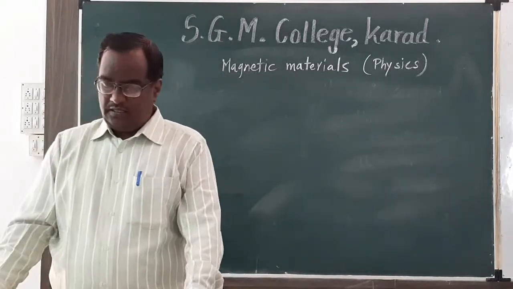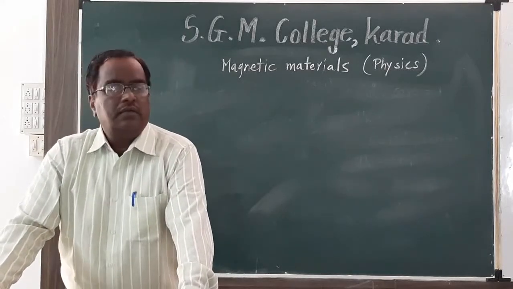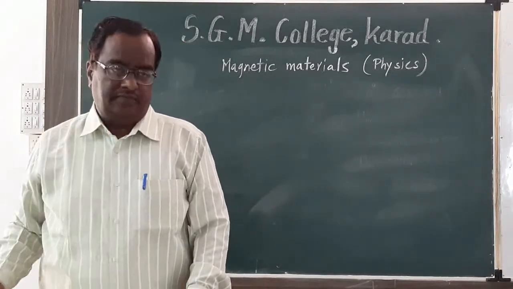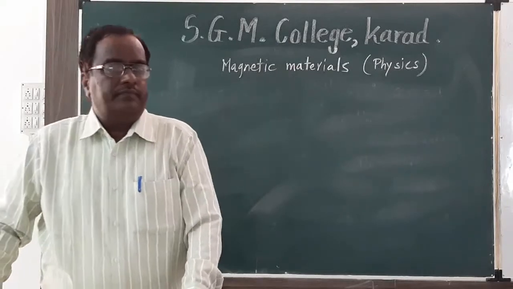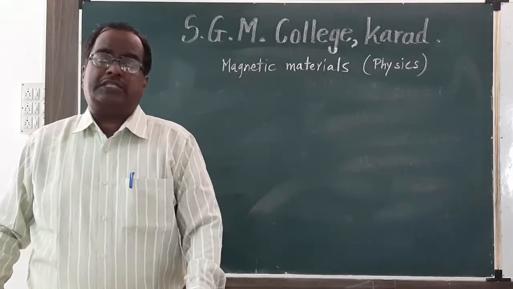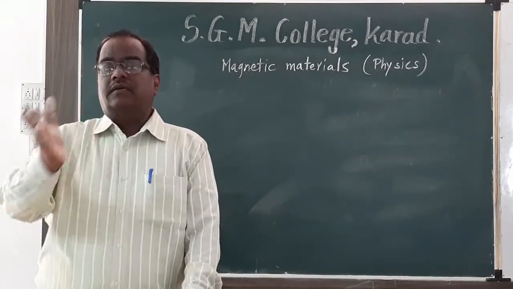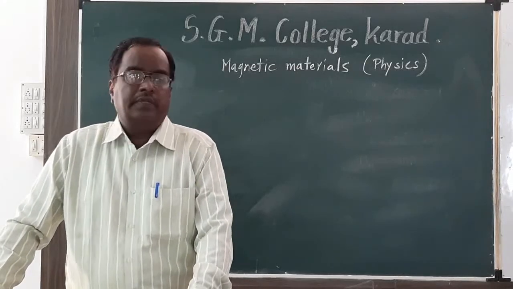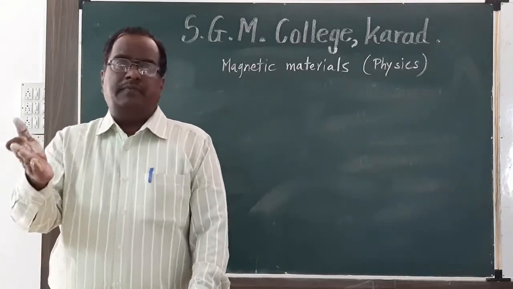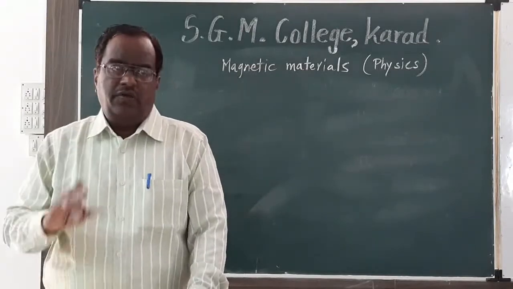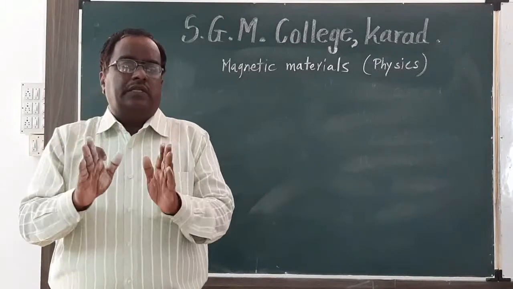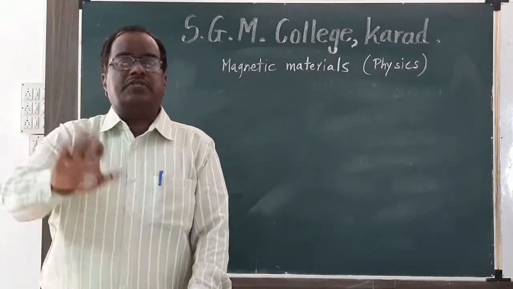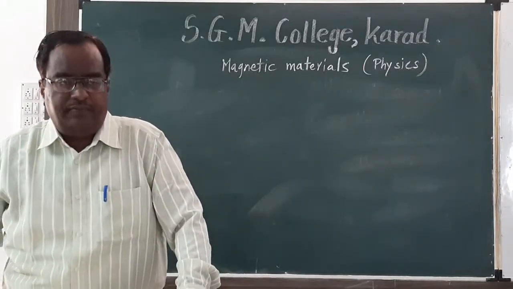Now, when a magnet is placed in a magnetic field, we know that it gets deflected because forces are acting on both the poles. It makes angle theta with the direction of B. After some time, the magnet comes to rest, when the restoring torque of the suspension fiber becomes equal to the deflecting torque.